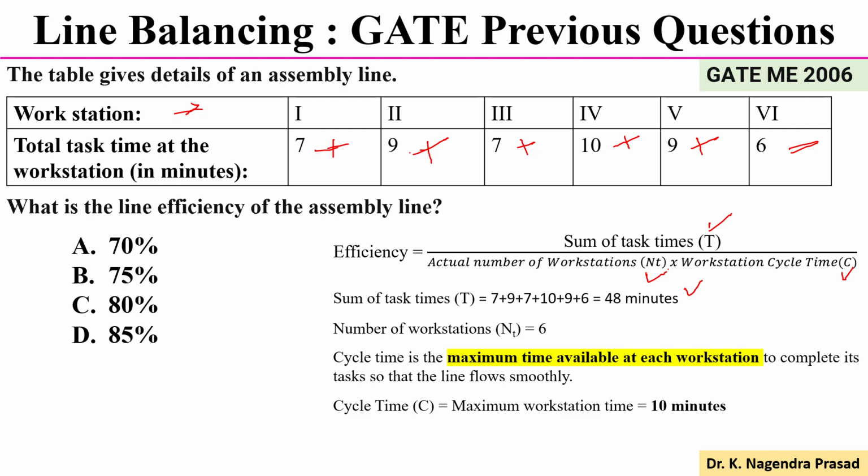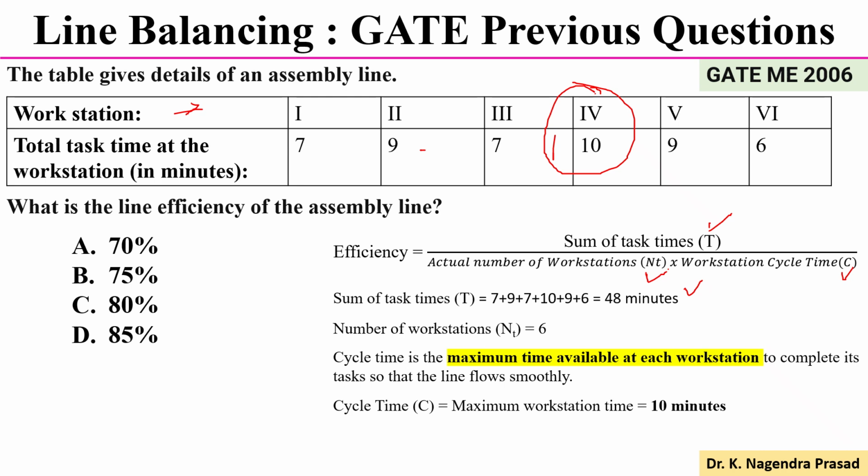Then cycle time equal to the maximum workstation time. Here there are given the 6 workstations along with the total task time. So the maximum task time is for the fourth workstation. So maximum workstation time is 10 minutes. So cycle time equal to the maximum workstation time equal to 10 minutes.